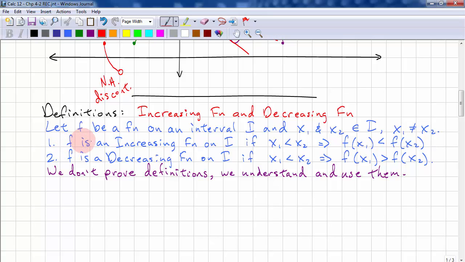So f is an increasing function on I if x1 is less than x2 and f of x1 is less than f of x2. Similarly, f is a decreasing function on I if x1 is less than x2 and f of x1 is greater than f of x2. So these are just definitions.